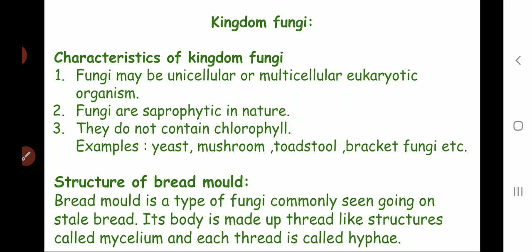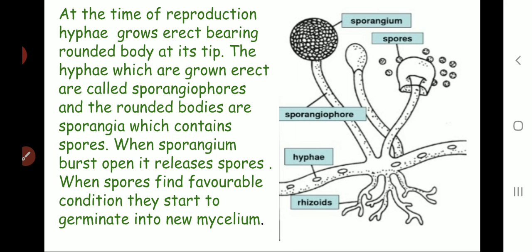Its body is made up of thread-like structures called mycelium, and each thread is called hyphae. I will repeat. Generally the body of fungi is called what? Mycelium, and that mycelium is made up of a number of thread-like structures, and each thread is named as what? Hyphae.